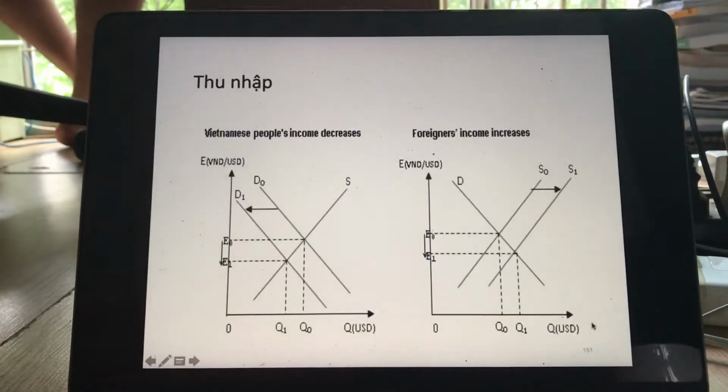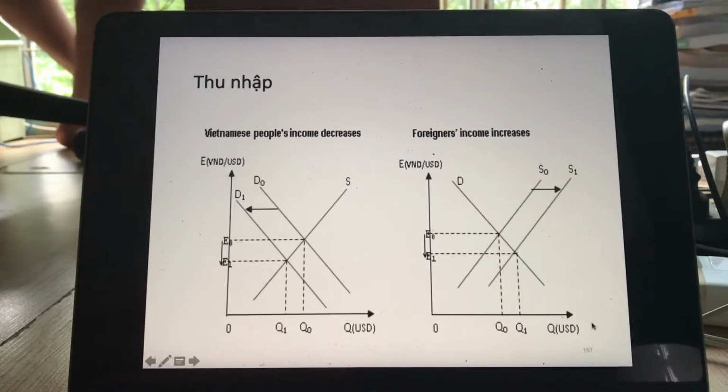Okay, in the second scenario, the foreign income increases. So here it affects the export, right? When the foreign income increases, they buy more of our products, so we export more, and it shifts the supply curve to the right.